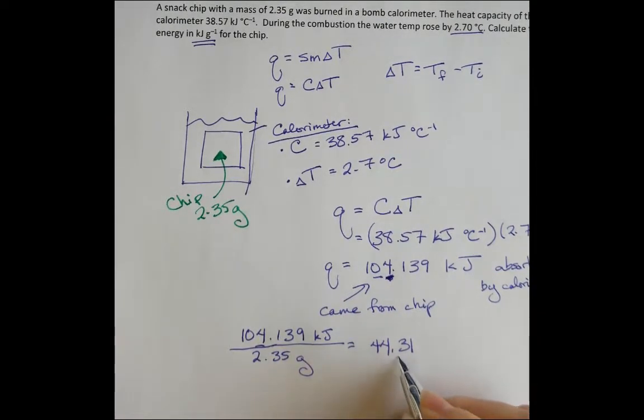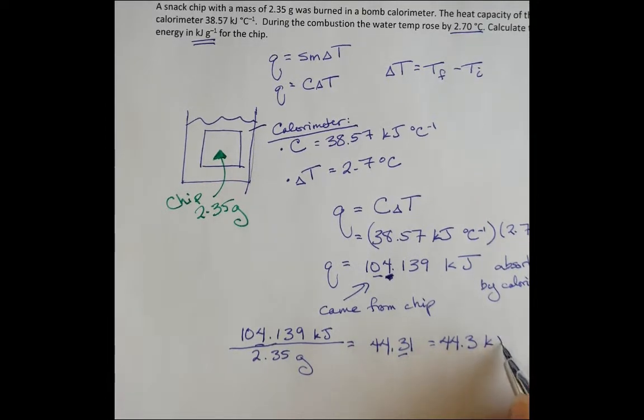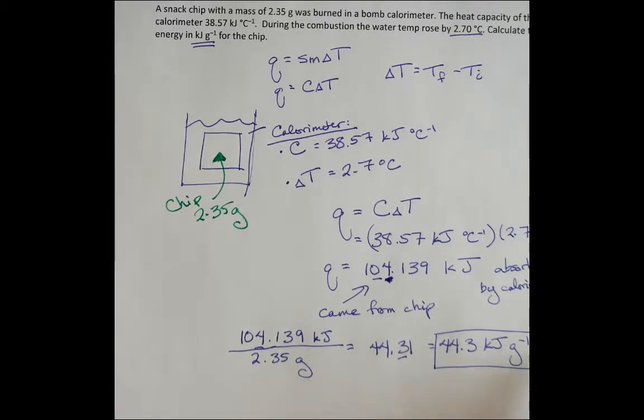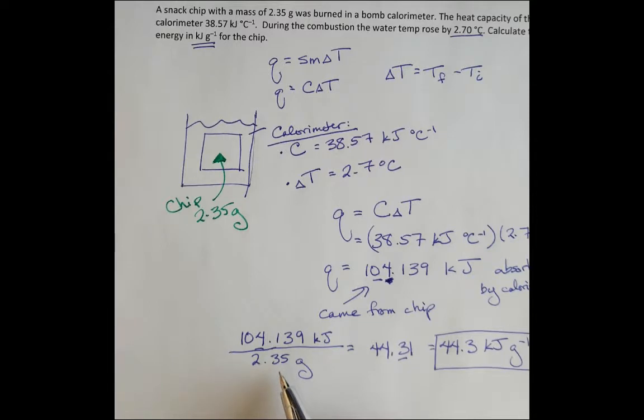Again, we should have three significant figures, so that is 44.3 kilojoules per gram for the snack chip. And the main thing to pay attention to here is that since it said per gram, we just divided by the mass.